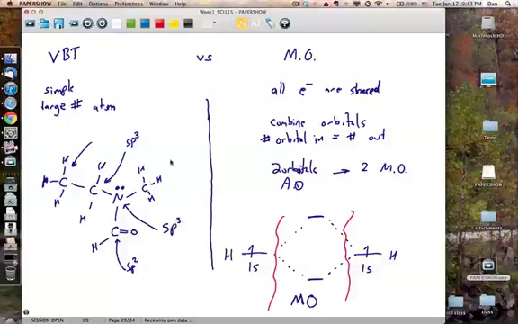There are two distinct molecular orbitals that form. There's the sigma orbital and the sigma star. We would label this one sigma 1s because it's composed of a 1s orbital, so it's sigma 1s and sigma star 1s. The difference is that one of these is a bonding orbital and one is an anti-bonding orbital.